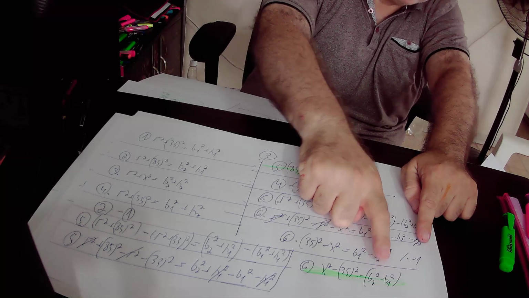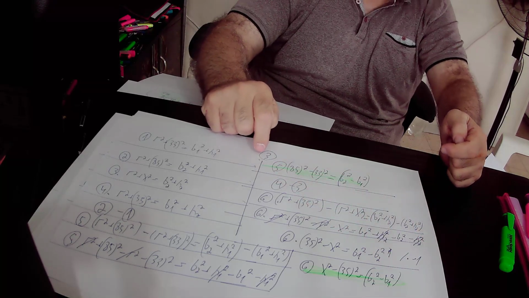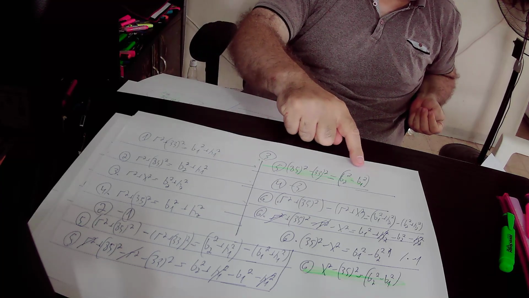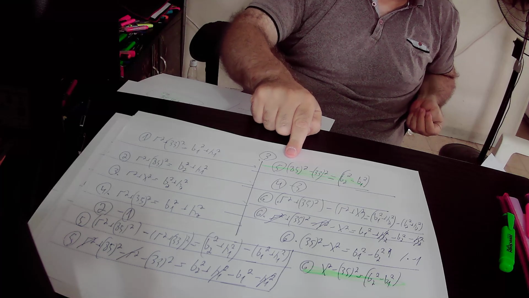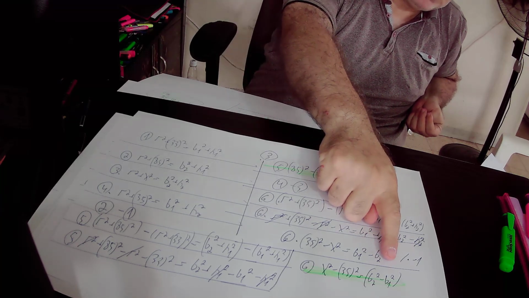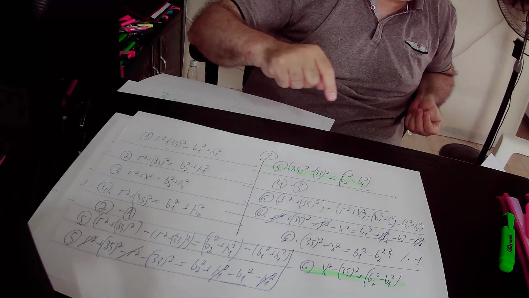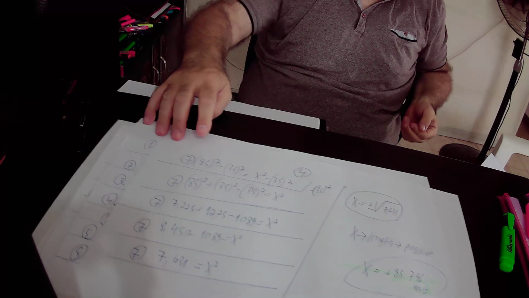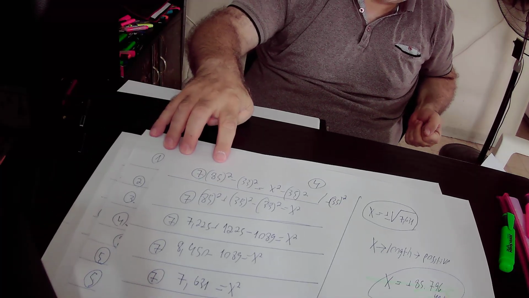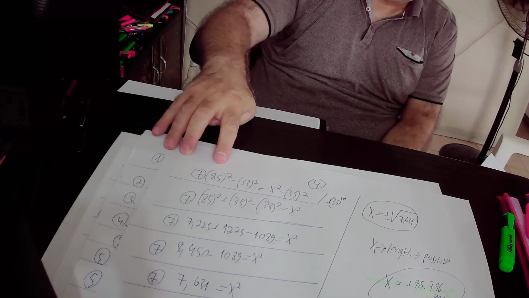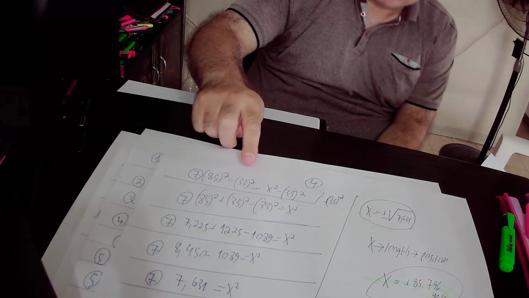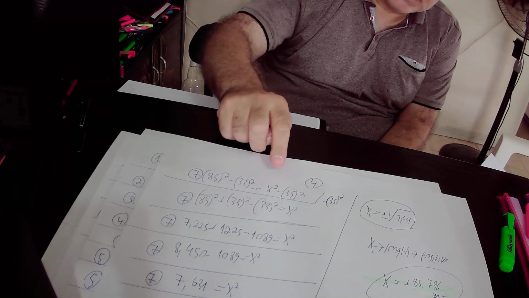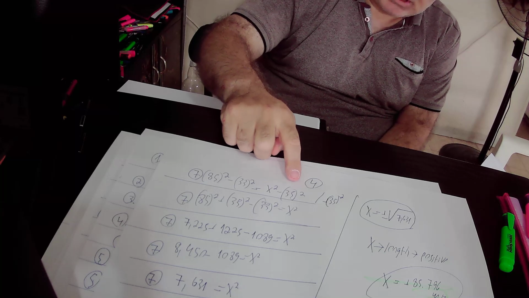Then we created equation number 7 that states that b2 square minus b1 square according to equation number 5 must be equal to b2 square minus b1 square according to equation number 6. So here b2 square minus b1 square according to equation number 5 is 85 square minus 33 square, and it must be equal to b2 square minus b1 square according to equation number 6, that is equal to x square minus 35 square.